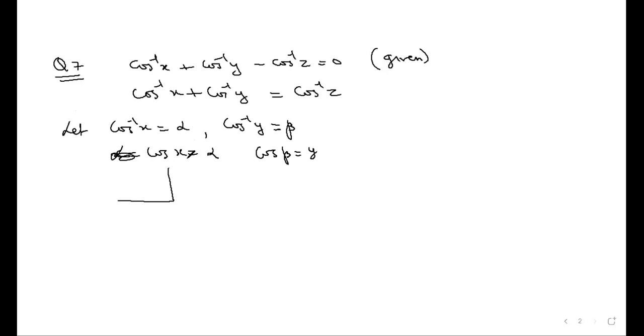अभी एक triangle here. Cos alpha is x, x upon 1 है. This means root of 1 minus x square.